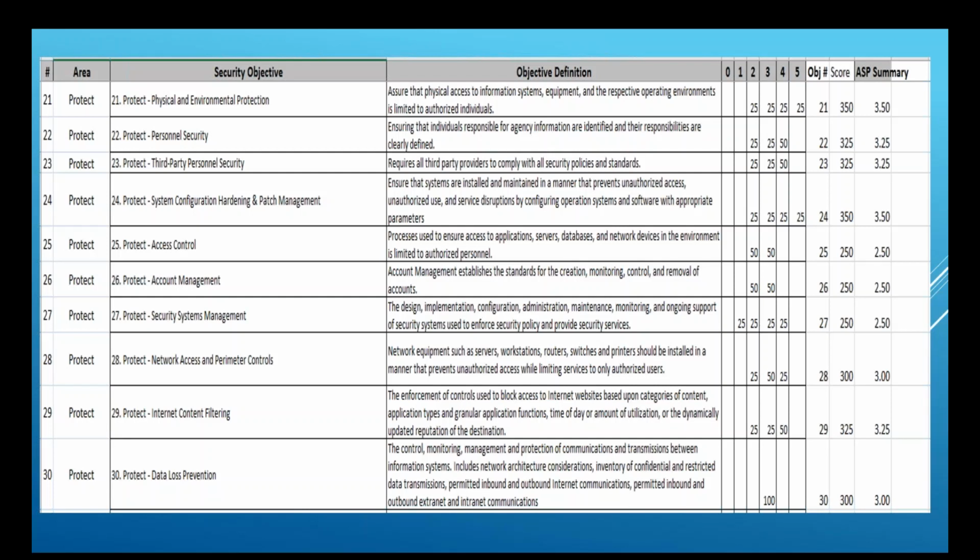In this case, if you're monitoring all of your ports that are exporting data, looking for Social Security number patterns, some driver's license, credit card, any of that, then you're monitoring. In this example, I scored a level 3 at 100%.